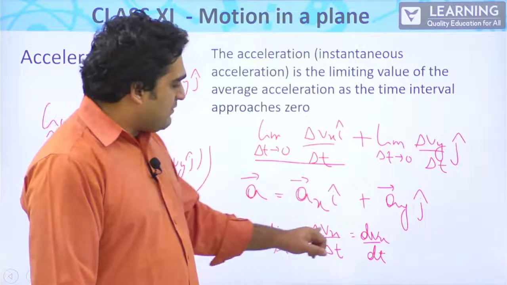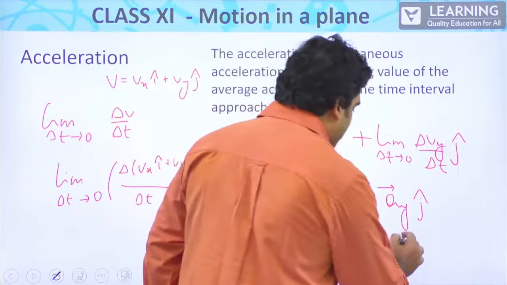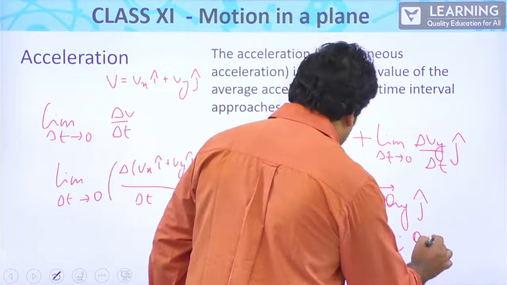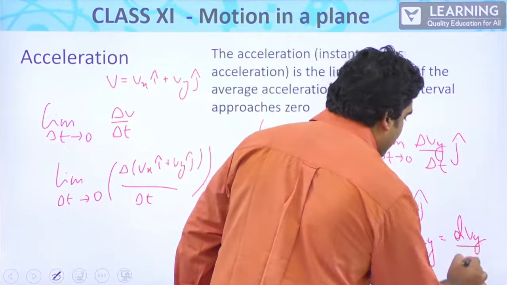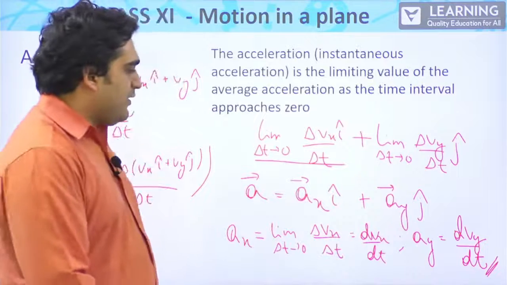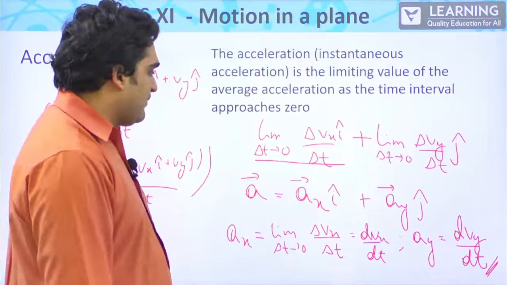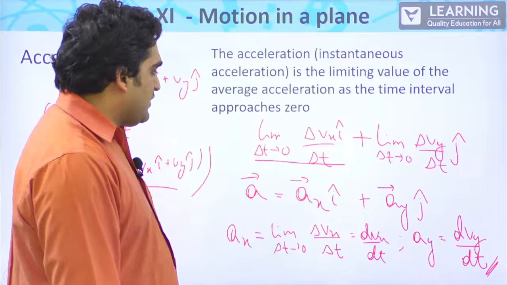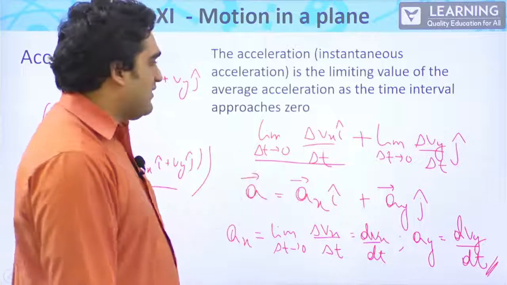So ax can be written as dvx by dt. Similarly, ay can be written as dvy by dt in its respective differential form. So this is how you can identify instantaneous acceleration.